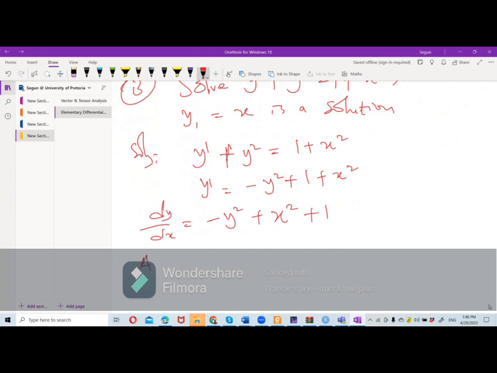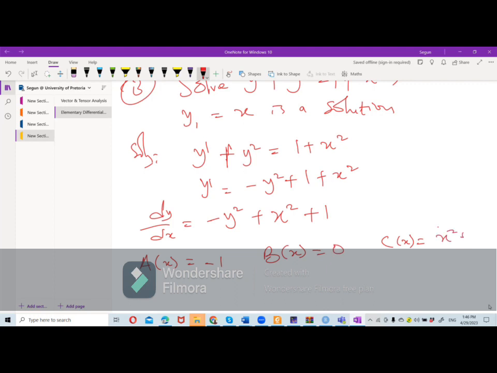So what is our a of x? What is our b of x? And what is our c of x? a of x is minus 1, c of x is 1. b of x is what? Do you agree with me?